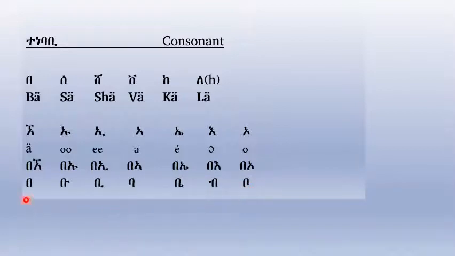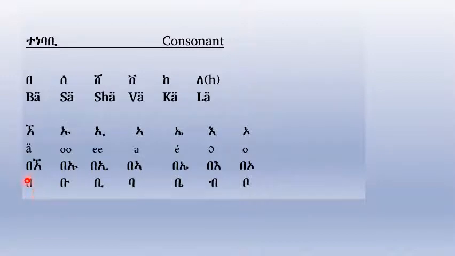And another important point, many people, including Ethiopians, think we have too many alphabets. Let's say we have 33 and they multiply by 7, then they say we have 240 or more alphabets, but that's not true.